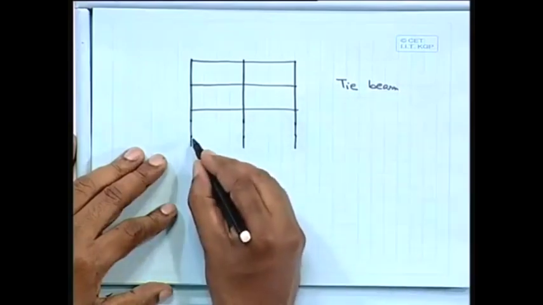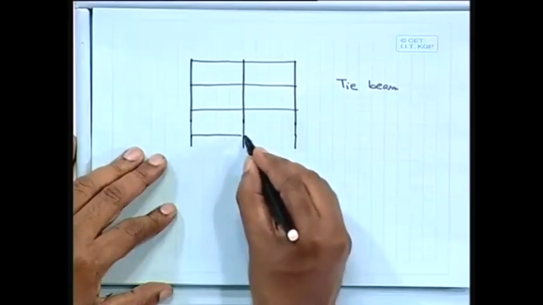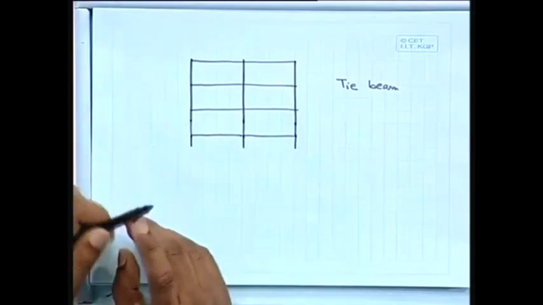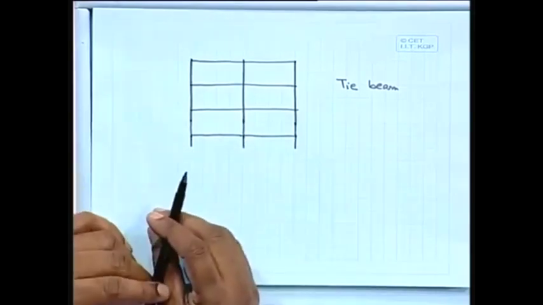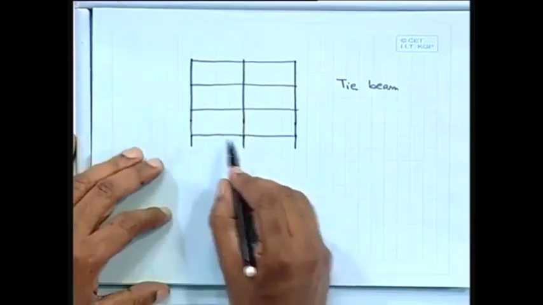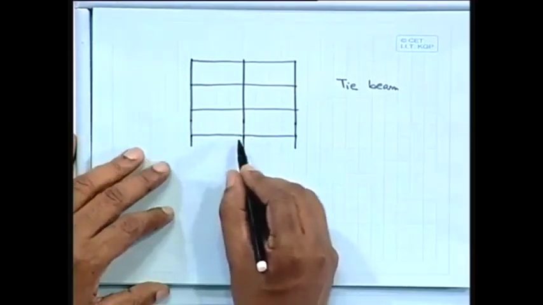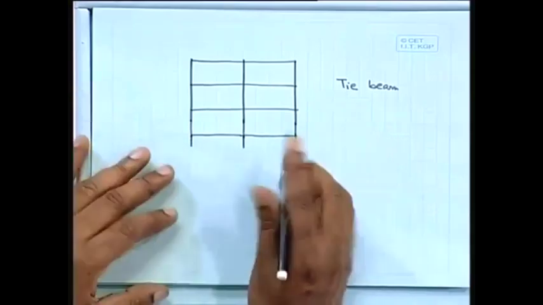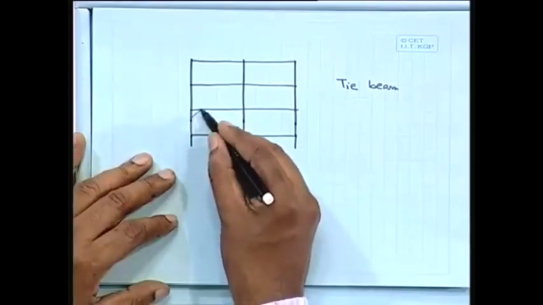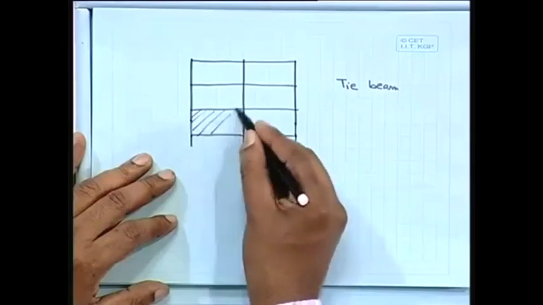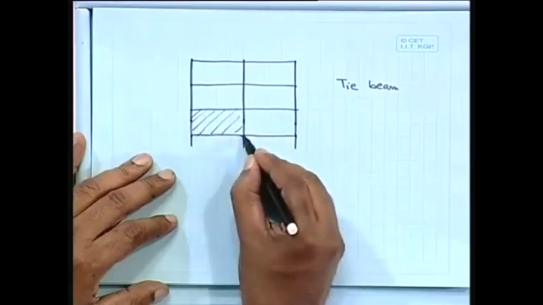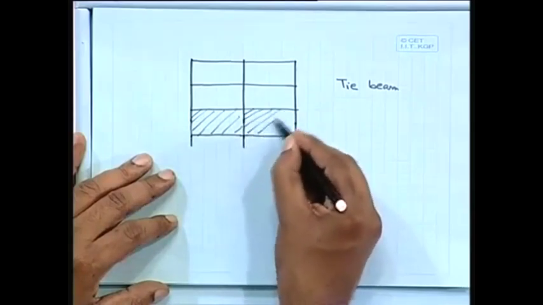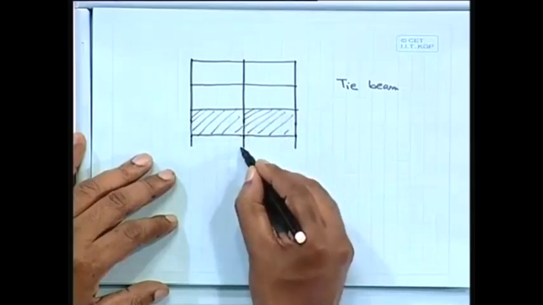It means we are providing tie beams here. We are not giving any separate foundation for a masonry wall. A wall is generally made of masonry, so for that we are not giving any foundation. If we have the masonry wall here, that load will be transferred again to the column, and finally it will come to the ground.